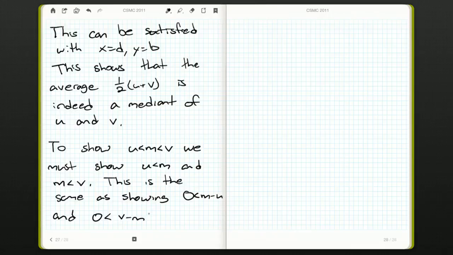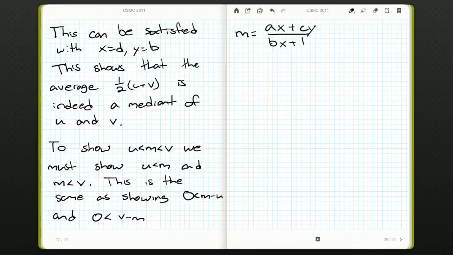So that's what we're going to try and do. Okay, we know a, b, c, and d are positive integers, and we know that x and y are positive integers.